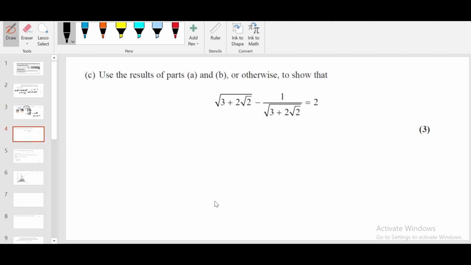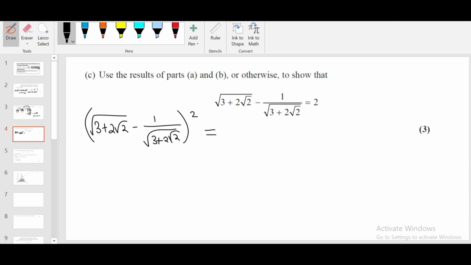Now I'm going to move on to part C. Part C, it's a little trickier one. Not hard actually. There are several ways to simplify this. What I'm going to do, first I'm going to take the square of this and find the answer. I should get 4. So when I take square root of both sides, I should get this one. So I'm going to start with the square root of 3 plus 2 root 2 plus 1 divided by 3 plus 2 root 2.